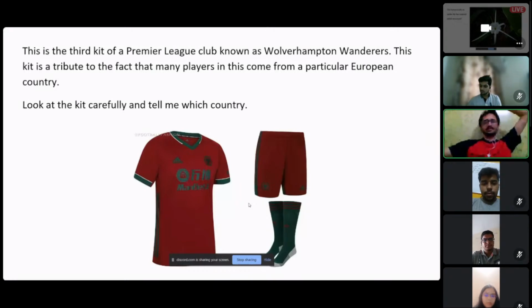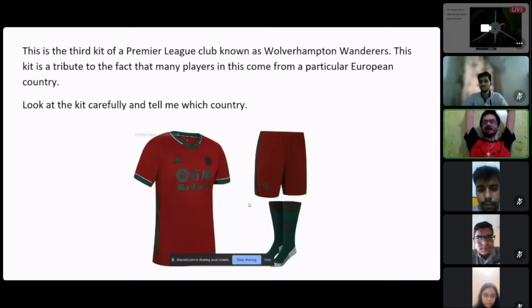Wolverhampton Wanderers is a Premier League club. It's very, very famous, famous for those who follow football, obviously. Now the thing is, it has a lot of players from a very specific European country. Look at the kit very carefully and tell me which country. Look at the colors and identify the country I'm talking about.